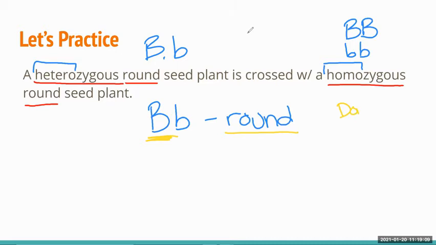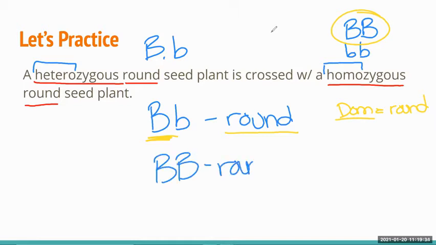So you can write that off to the side as well, that the dominant trait is round. Doesn't really tell us what the recessive trait is, but it gives us enough information to figure out what type of homozygous organism we have, right? If being round is dominant, our homozygous is going to be homozygous dominant. So then we have a big B, which is also round.